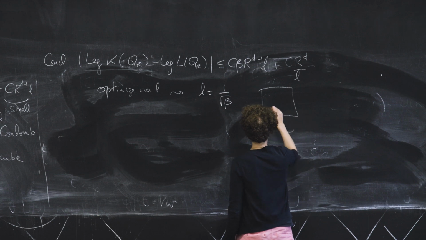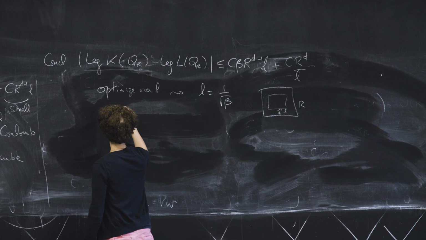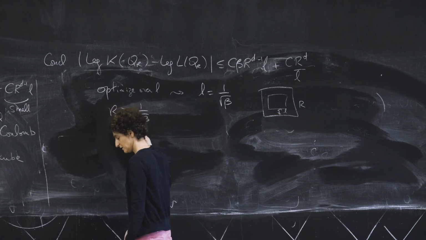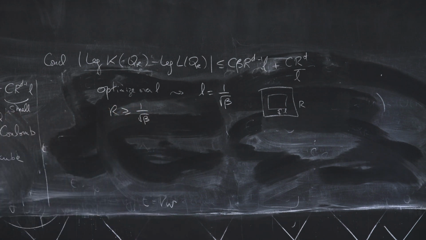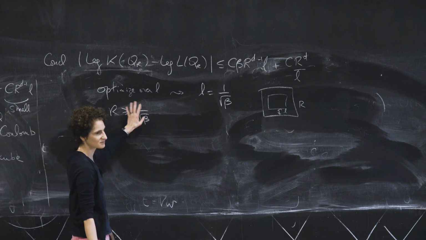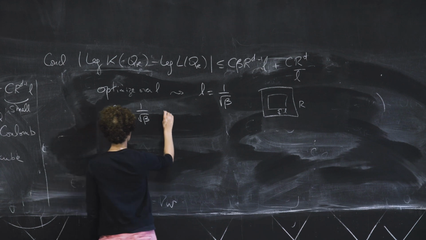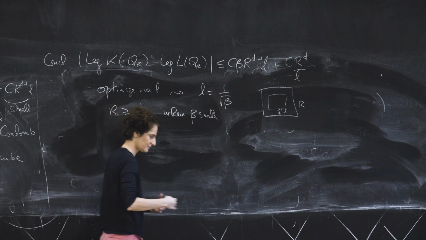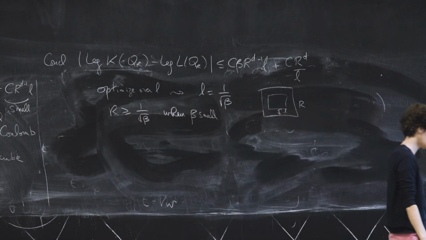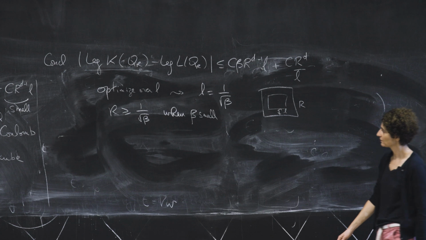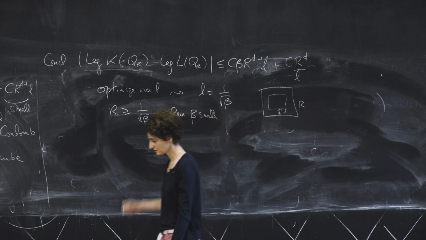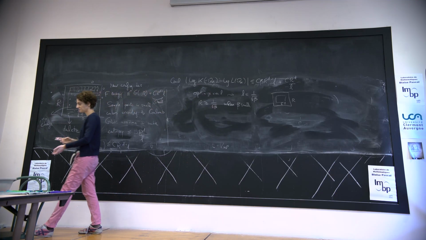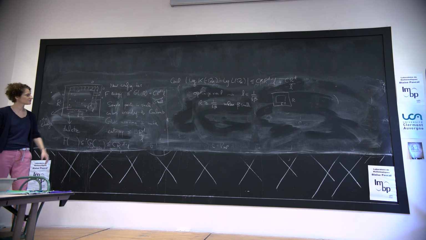And because L has to be less than R, right? L is here, and this is R. So R has to be bigger than 1 over square root beta, which is an interesting length scale. When beta gets small, this can become large, right? If beta is not small, then we don't have to worry, but this is only when beta is small. So when beta is small, there's a sort of threshold that you cannot go below. And basically, when R would be smaller than that, you cannot screen. It's like the screening is not giving you the same good bounds.